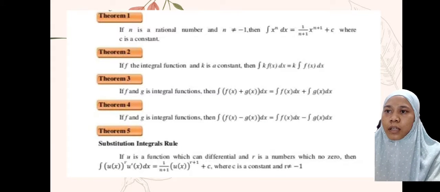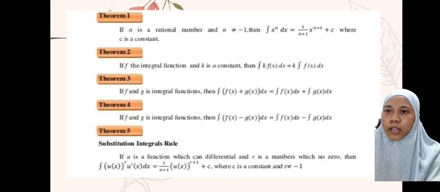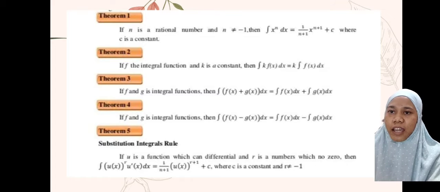Theorem 1. If n is a rational number and n is not equal to minus 1, then the integral antiderivative operation of x to the power of n dx equals 1 over n plus 1 multiplied by x to the power of n plus 1 plus c, where c is a constant.